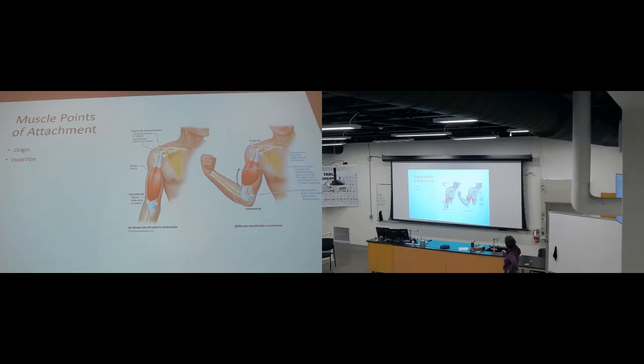So if you see here, we have one joint that has been crossed and a second joint that has been crossed by this muscle, two joints. And now this is the origin and this is the insertion, and one of the insertions is going to be in the radial tuberosity of the radius just below the head.